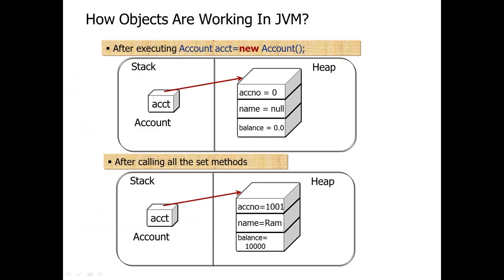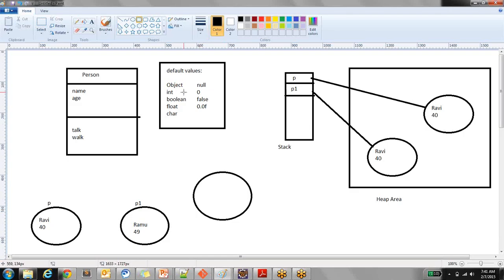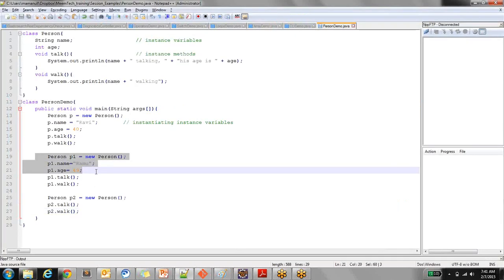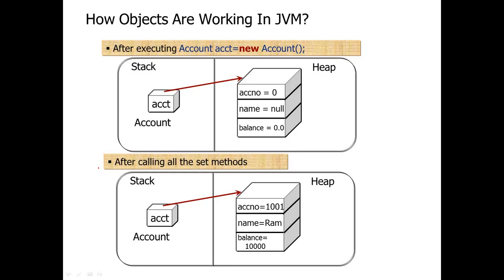After you execute this statement, it is just creating the object, but no initialization of variables. And after calling p dot name and p dot age, it will have the values initialized.